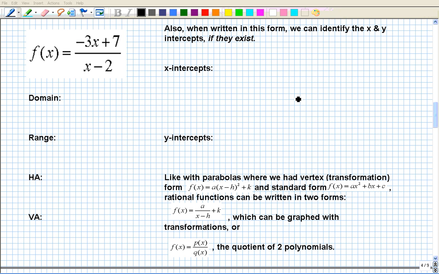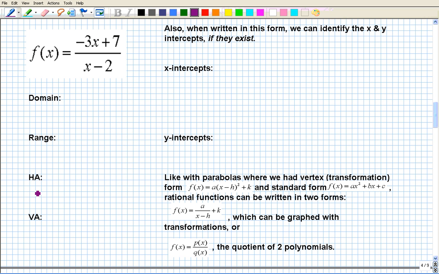Okay, so we've got f of x equals negative 3x plus 7 over x minus 2. Alright, so we can figure out that the numerator and the denominator have the same degree. So, remember with horizontal asymptotes, that's the Bobobotinide thing. If they are equal, that's the E part, divide the leading coefficients.